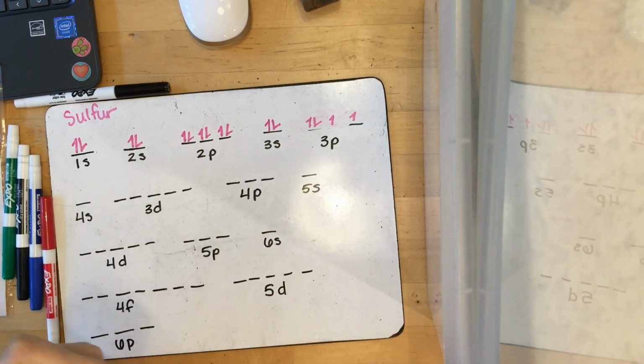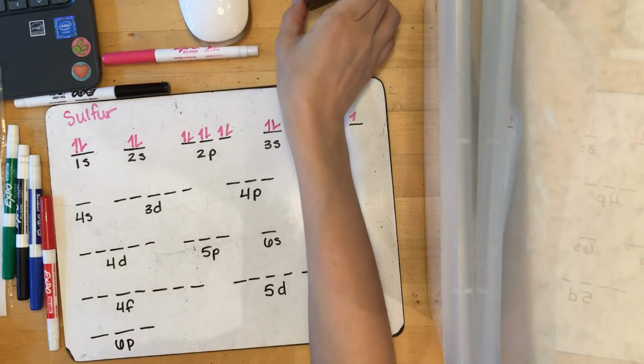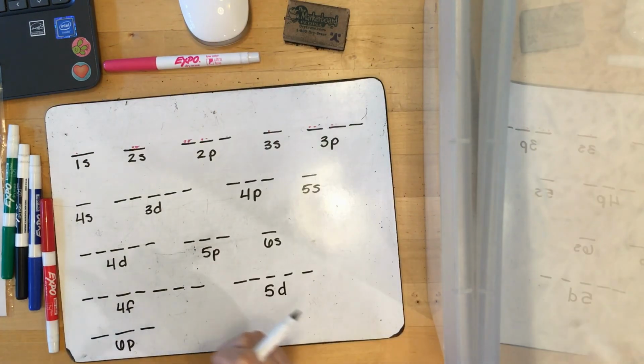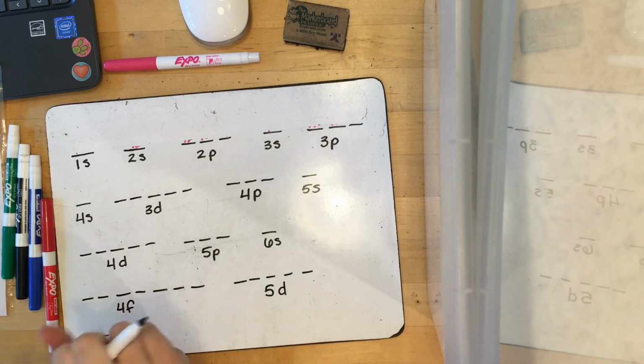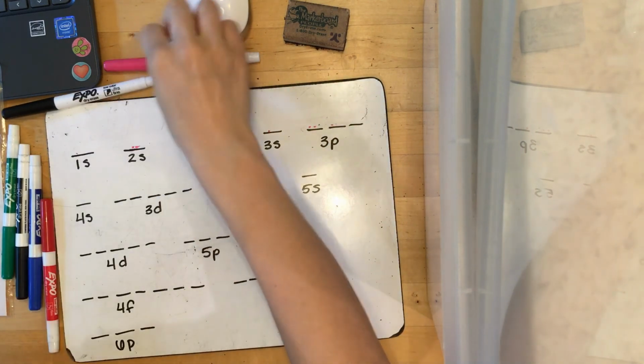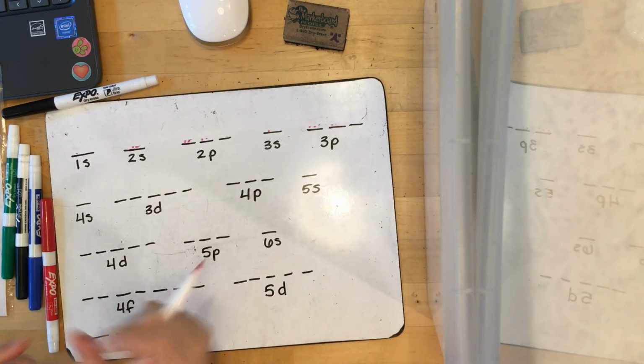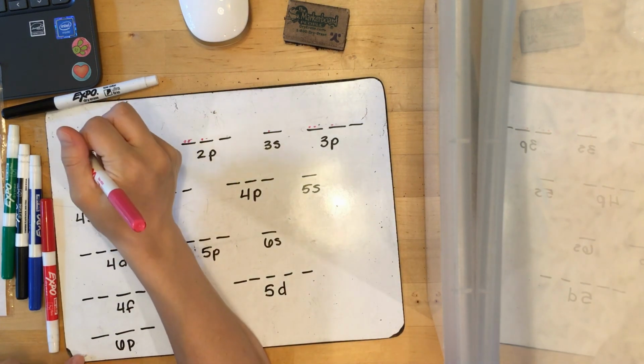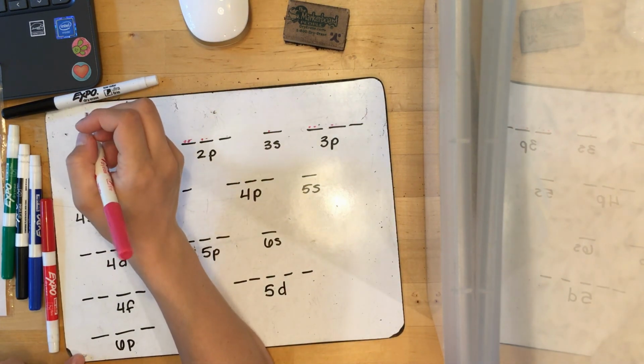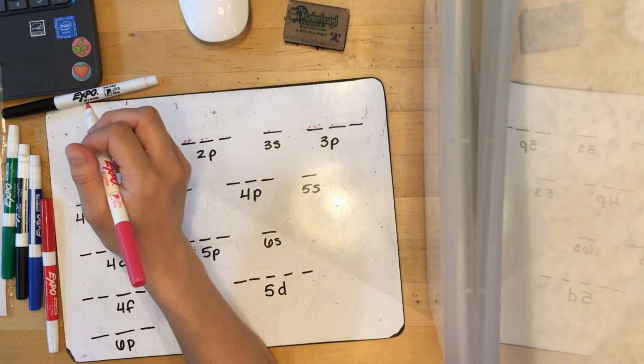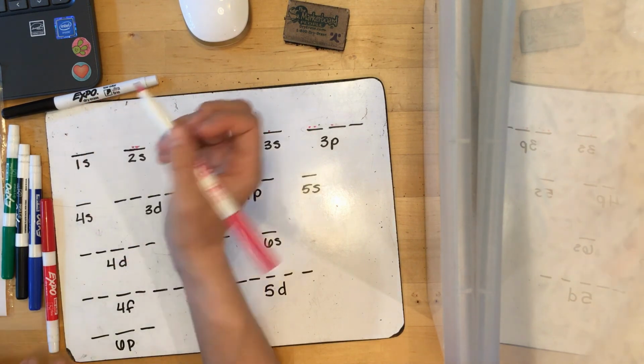Okay, so let's take a look at another example. Let's look at cadmium, which we also did the electron configuration for earlier. For cadmium, we know we're filled up until the 5s.